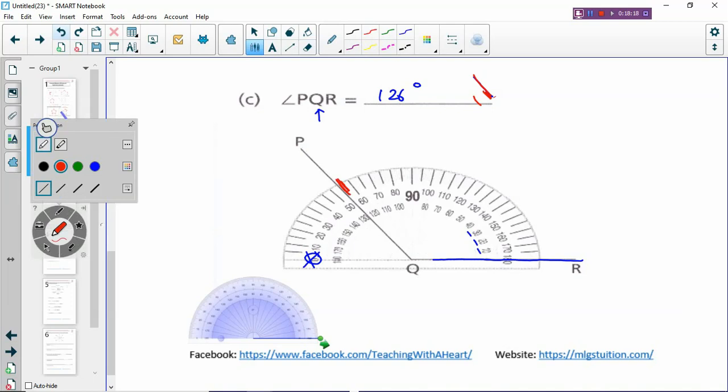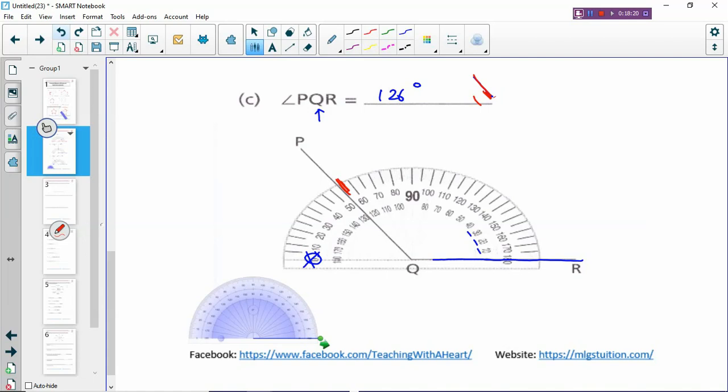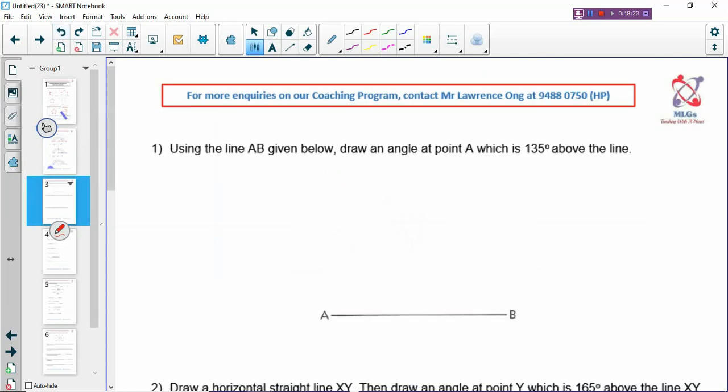Okay, now let's go on to the next one. Use the line AB given below and draw an angle at point A, which is 130 degrees above the line. So this is angle construction. You have a line AB given to you. So how do you draw 135 degrees, which is above? It means you have to draw an angle that's above, not below.